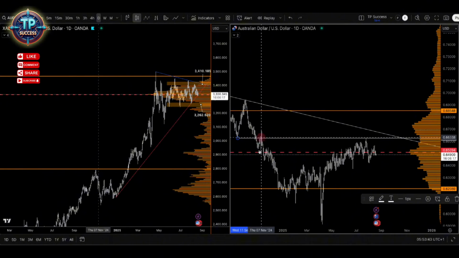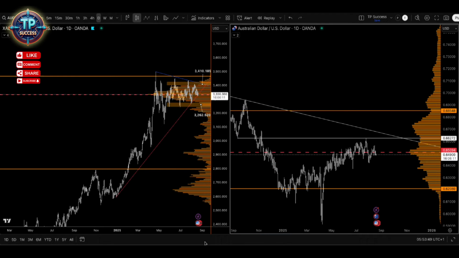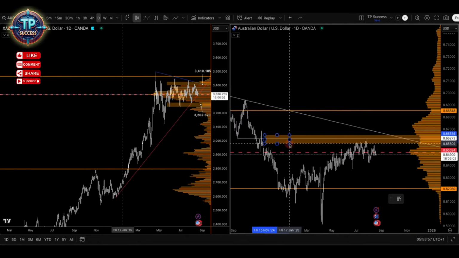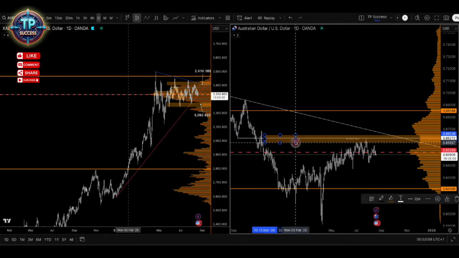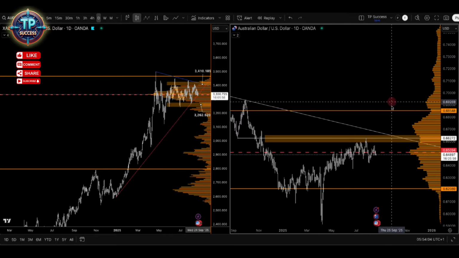Okay, so right now what we're waiting to see is what price is doing in this zone right here, right? So to me this is an obvious playbook, right? But like I said, I don't like doing things that fall in line with me actually telling you what to do. So I'm just gonna leave this here like so, right?